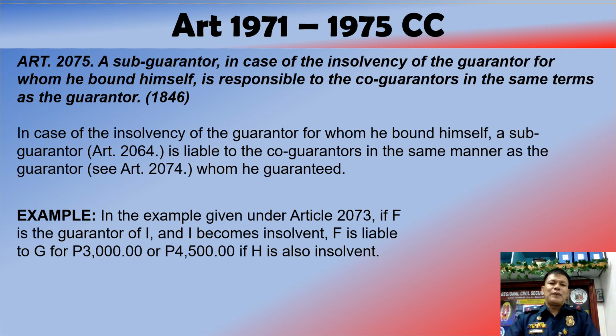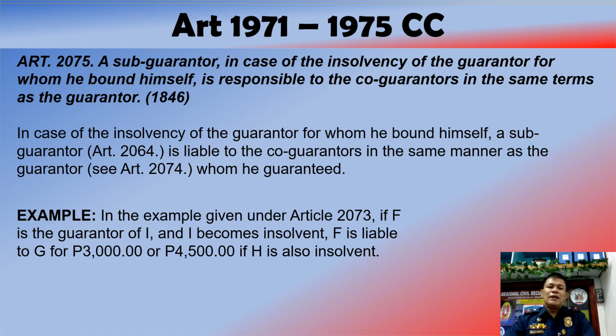Article 2075 provides, a sub-guarantor, in case of the insolvency of the guarantor for whom he bound himself, is responsible to the co-guarantors in the same terms as the guarantor. Liability of sub-guarantor in case of insolvency of guarantor. In case of the insolvency of the guarantor for whom he bound himself, a sub-guarantor is liable to the co-guarantors in the same manner as the guarantor whom he guaranteed.